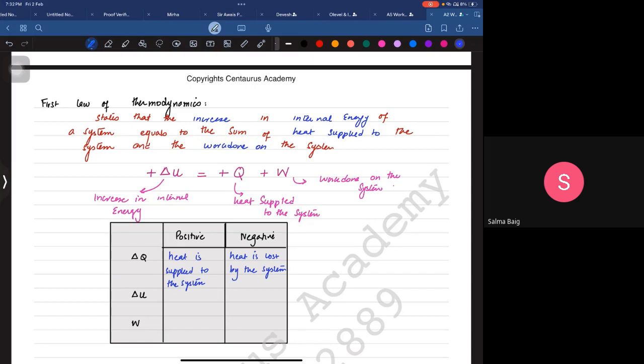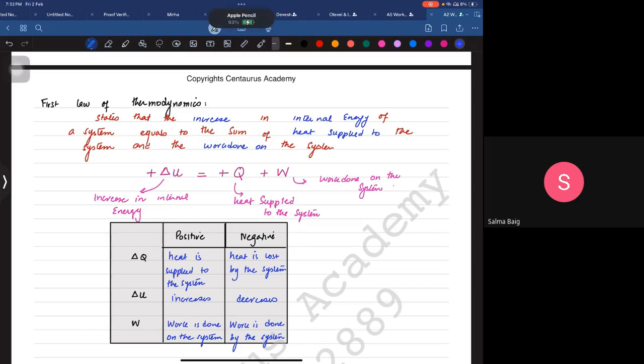Delta U will be positive if internal energy increases, and negative if internal energy decreases. For work done, if it is written work is done on the system, it is positive, and if it's written work is done by the system, it will be negative then.